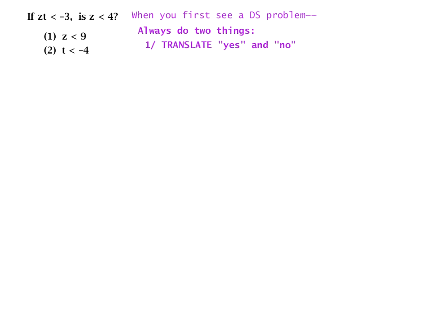So when you first see a data sufficiency problem, what you have to understand is what the goal is. What are you trying to do in the problem? So always translate and identify the goal first. Two things. The first is translate yes and no if it's a yes-no problem.